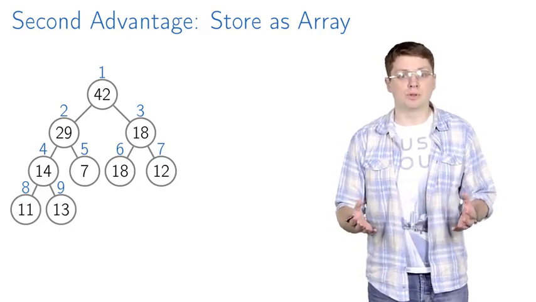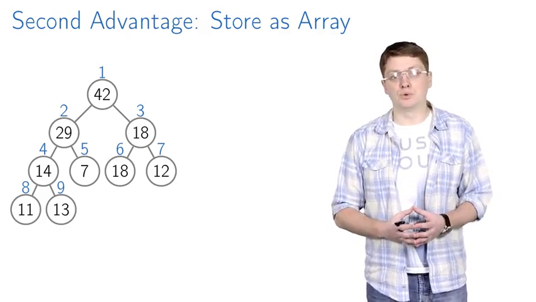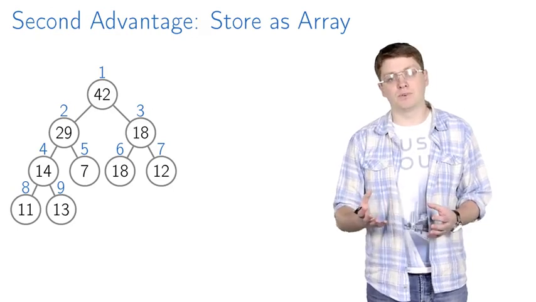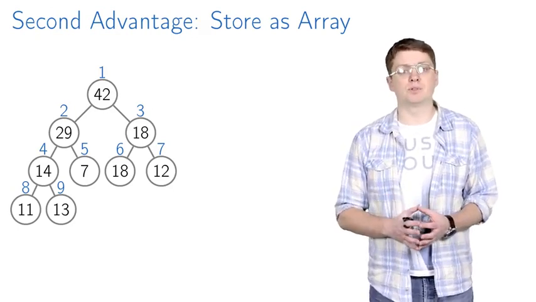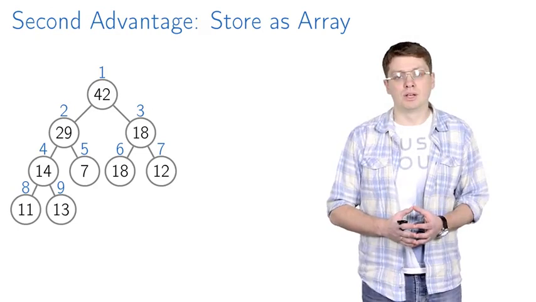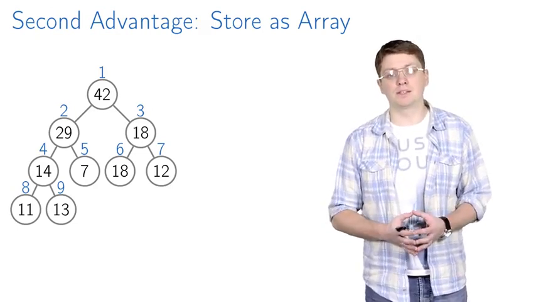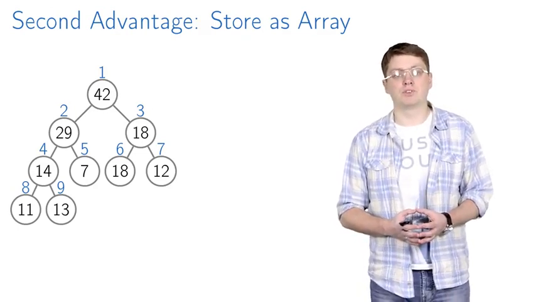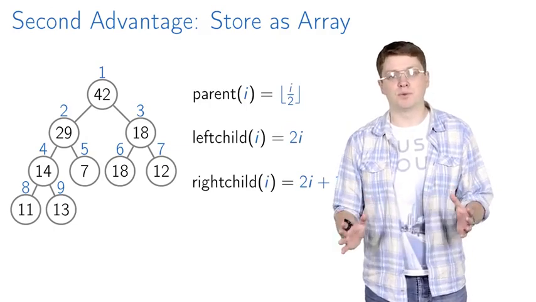So it turns out that such a numbering allows, for each vertex number i, to compute the number of its parent and the numbers of its children using the following simple formulas.